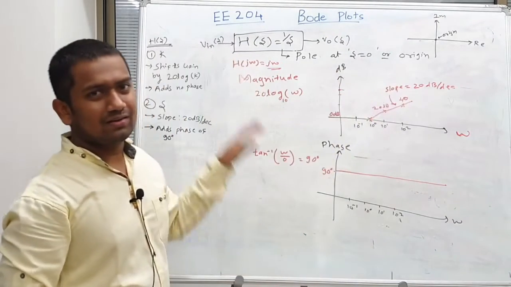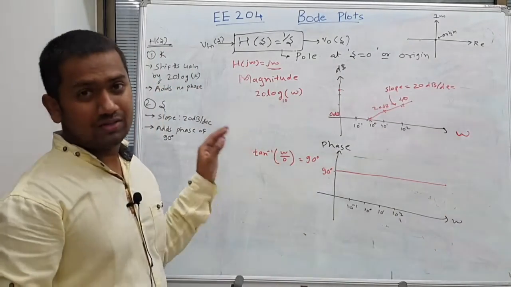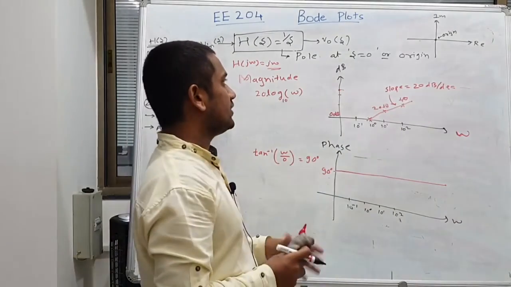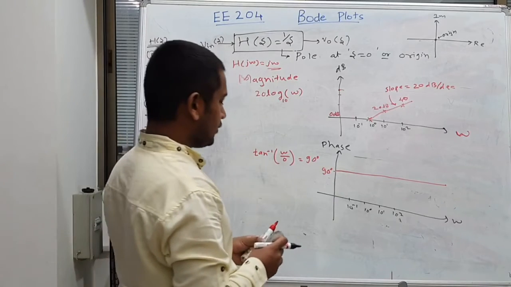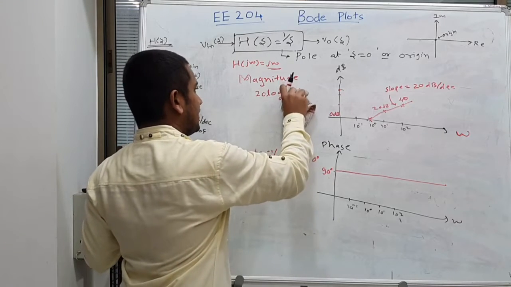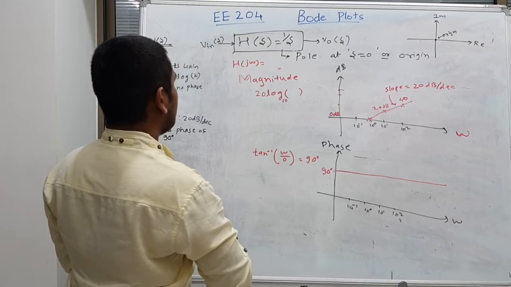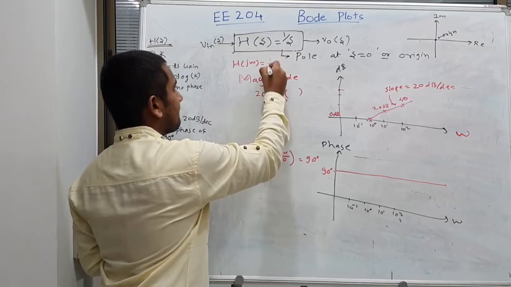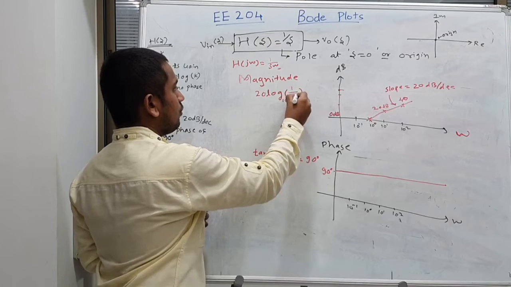It means that the system has a pole at s equal to 0, or a system has a pole at origin. Now let's look at the magnitude plot. The 20 log operation on h of j omega being 1 by j omega will be minus 20 log of omega.